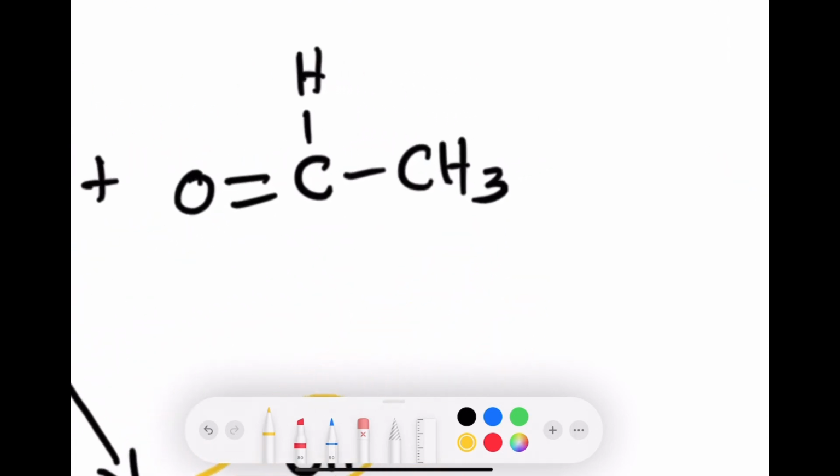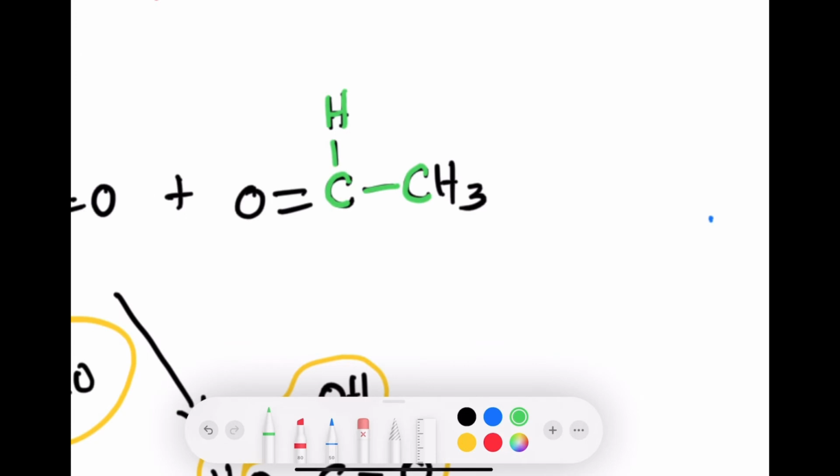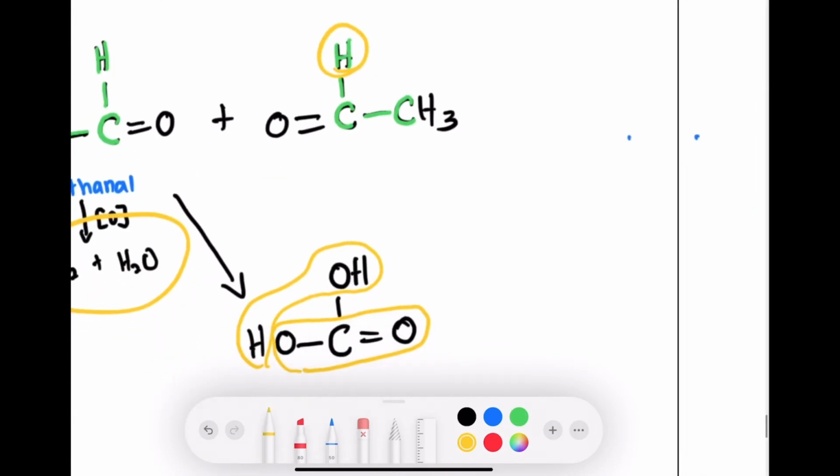This one is an aldehyde because we have carbon, the C double bond O, attached with one hydrogen and carbon. Since we have one H here, this one will undergo further oxidation to produce OH.